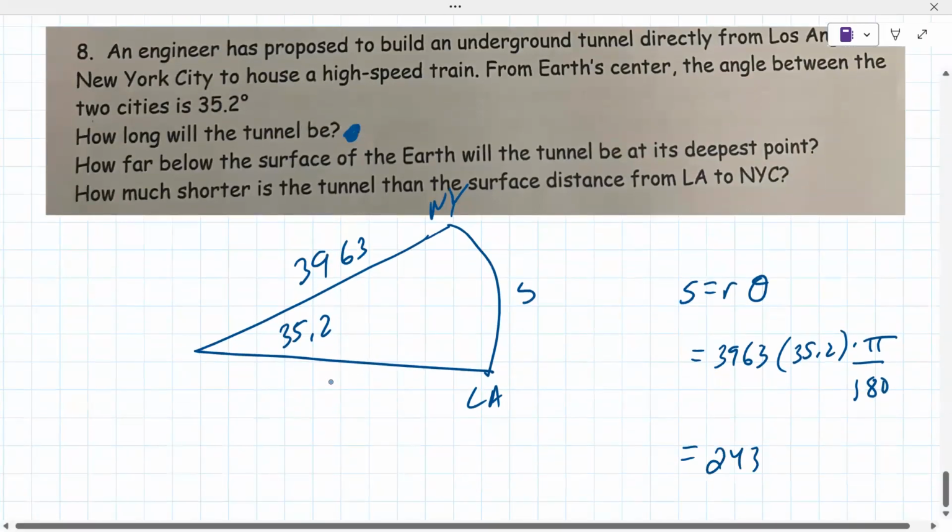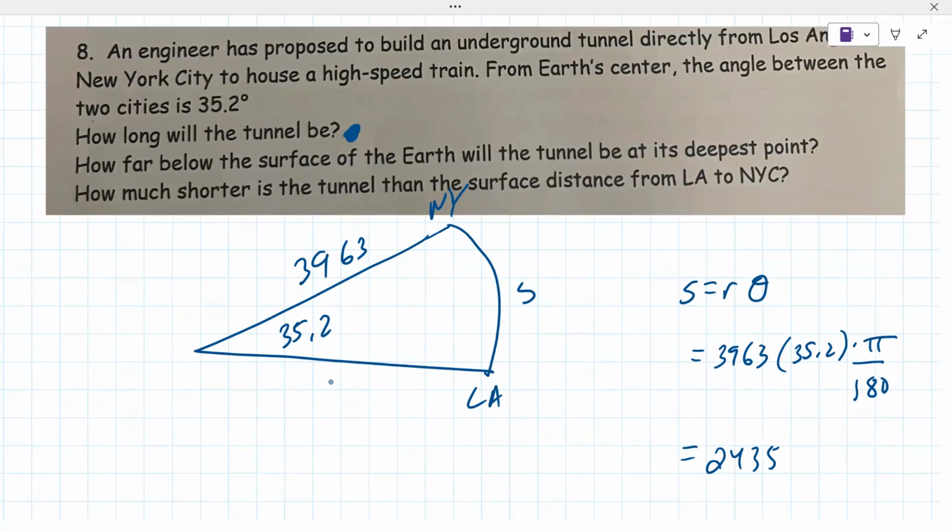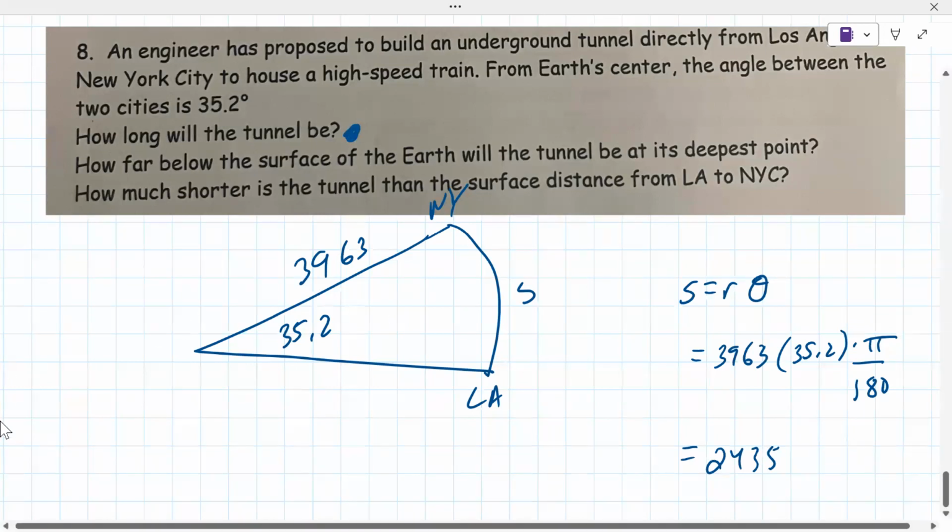Okay. All right, so now the next one says, how far below the surface of the Earth will the tunnel be at its deepest point?